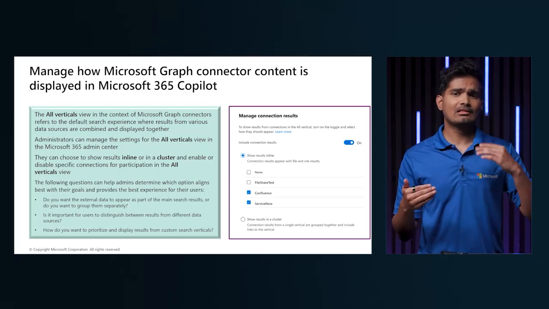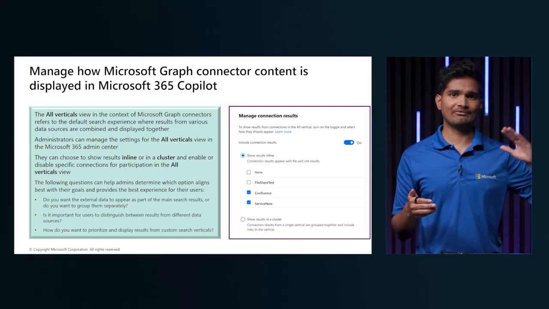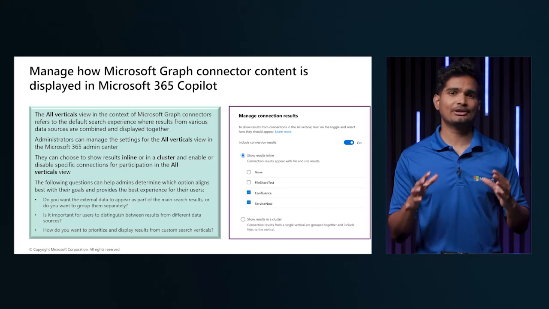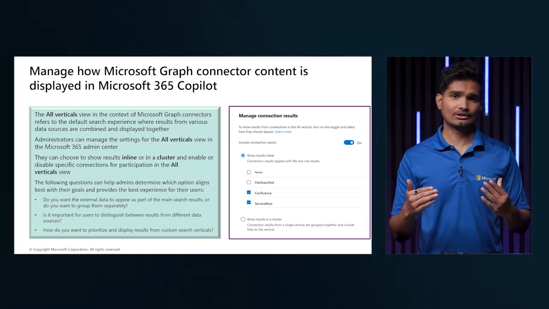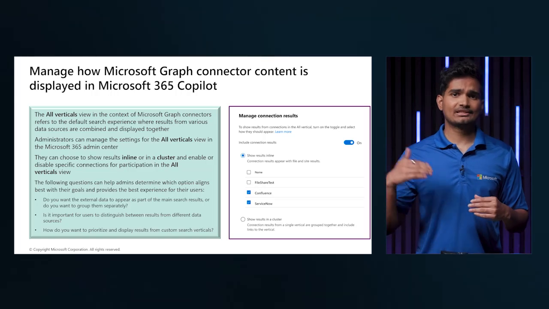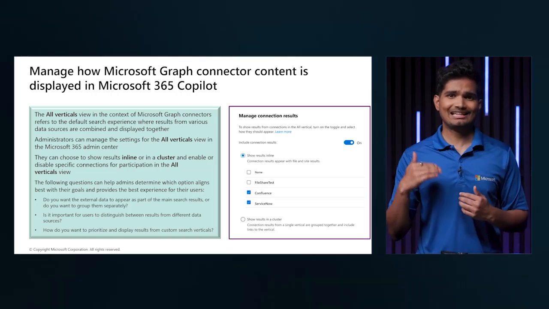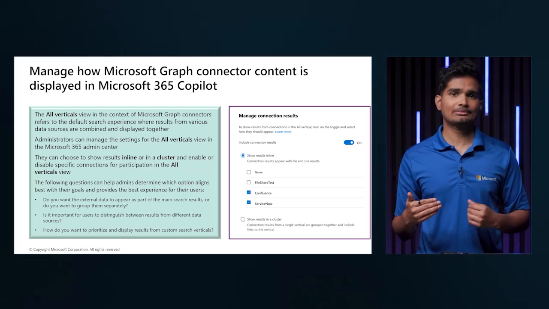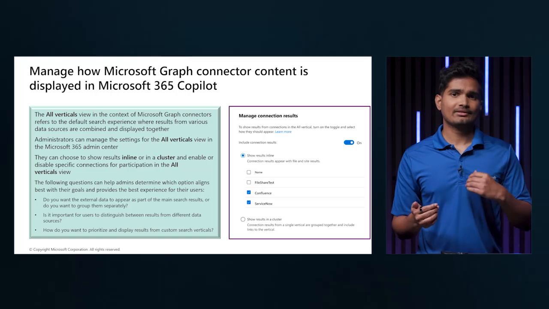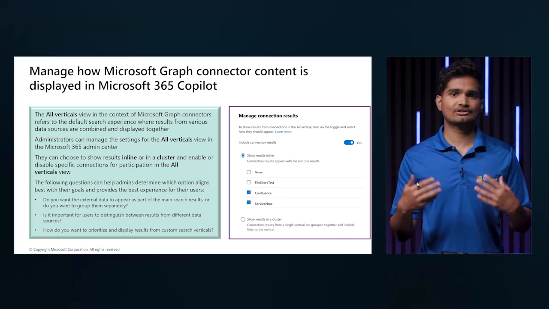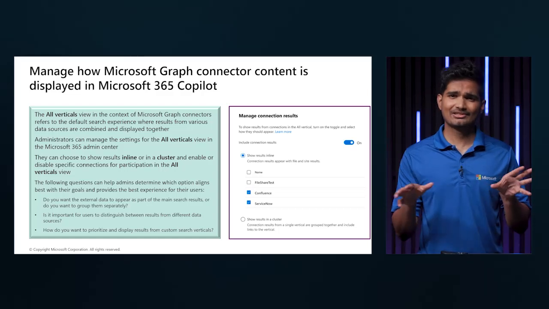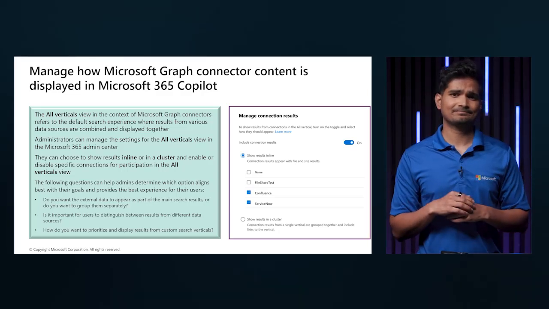This approach clearly separates the results from various data sources, helping users to easily identify the origin of each result. If distinguishing between data sources isn't a priority, the inline option can be used. This option integrates all the results together, providing a more streamlined search experience without emphasizing the source of the data.